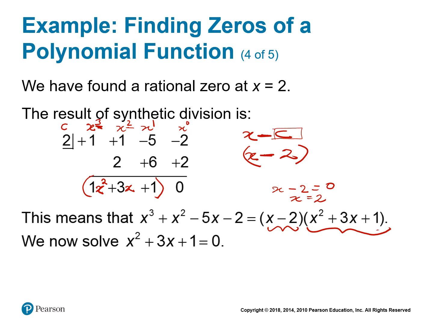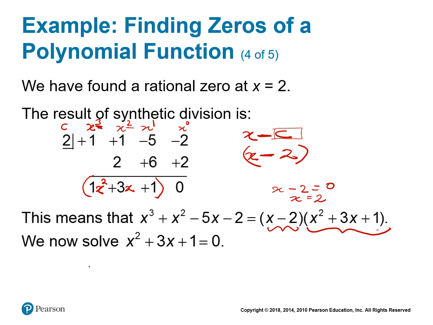So we have x squared plus 3x plus 1. We have to solve for x for this factor. First, see if you can use the factoring method to solve for x. If you cannot, then we'll have to just use the quadratic equation that we learned before.